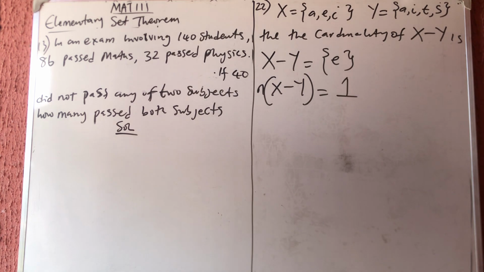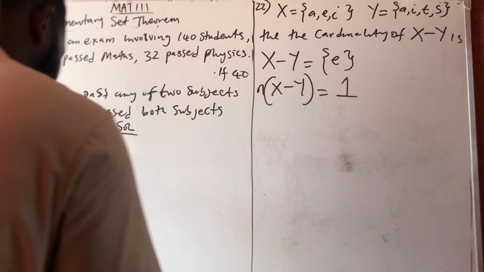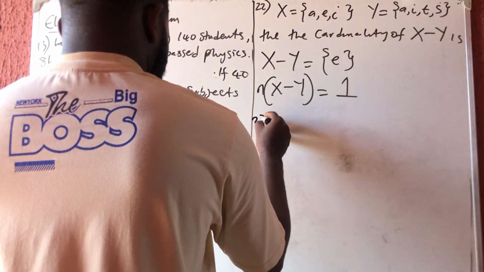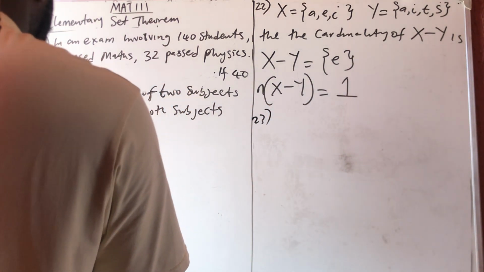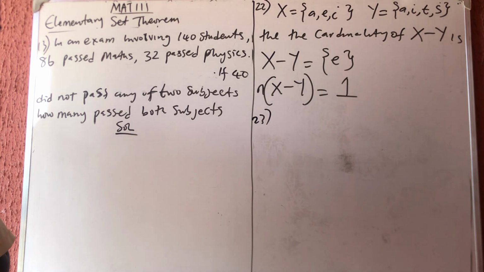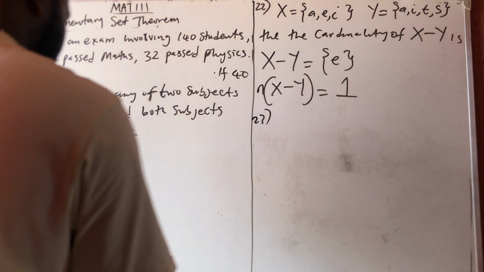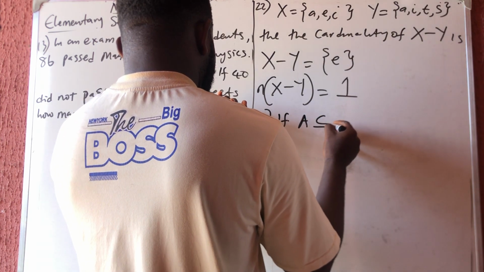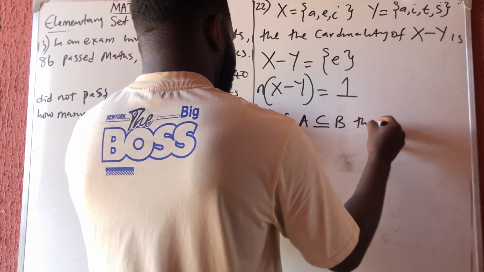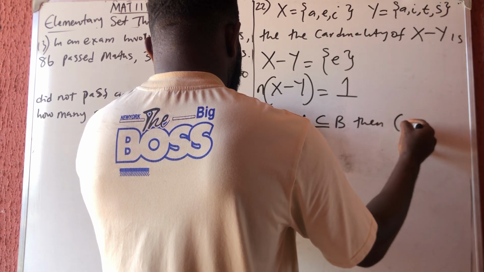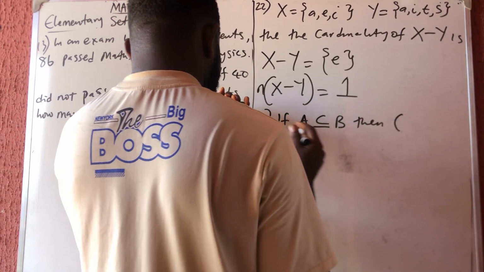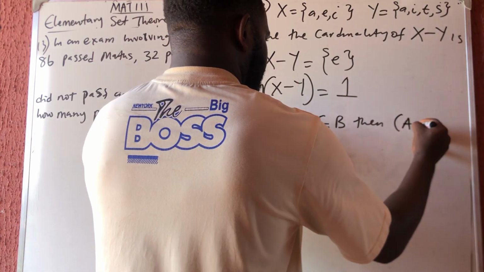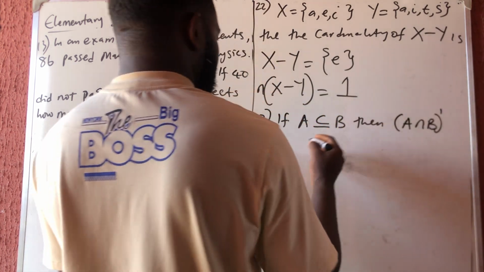All right. So the next one is question number 23. Question number 23 said, if A is a subset of B, then A intersection B complement is what?